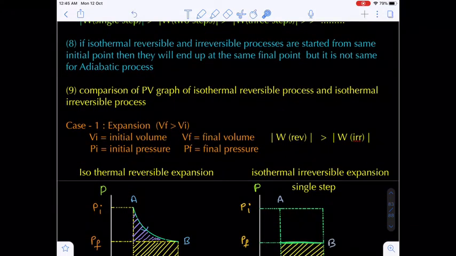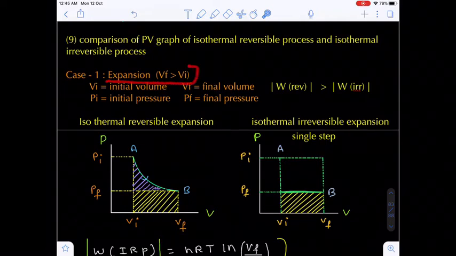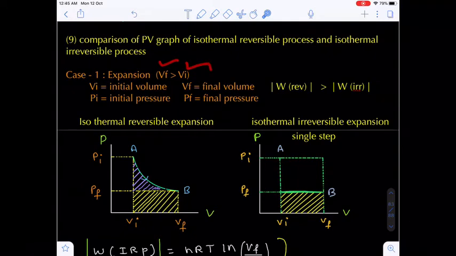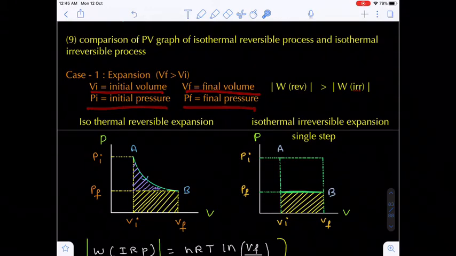Okay. Now the comparison of the PV graph, isothermal reversible process and isothermal irreversible process. How can we compare the graph? Let's suppose we are considering expansion. In expansion, final volume is greater than initial volume? Yes. So Vi initial volume, Vf final volume, Pi initial pressure and Pf final pressure.